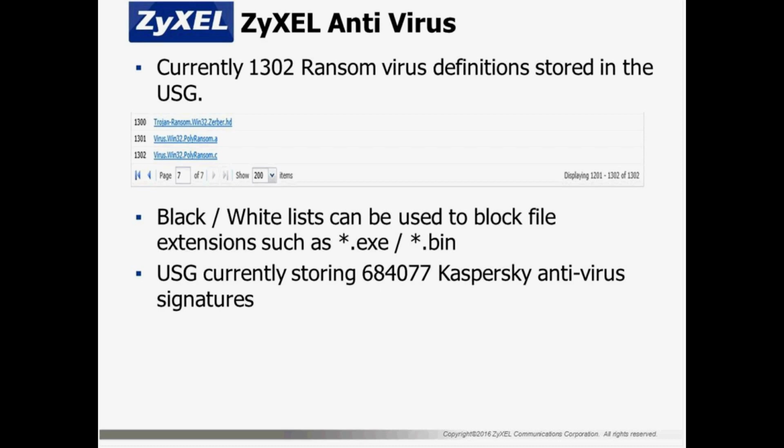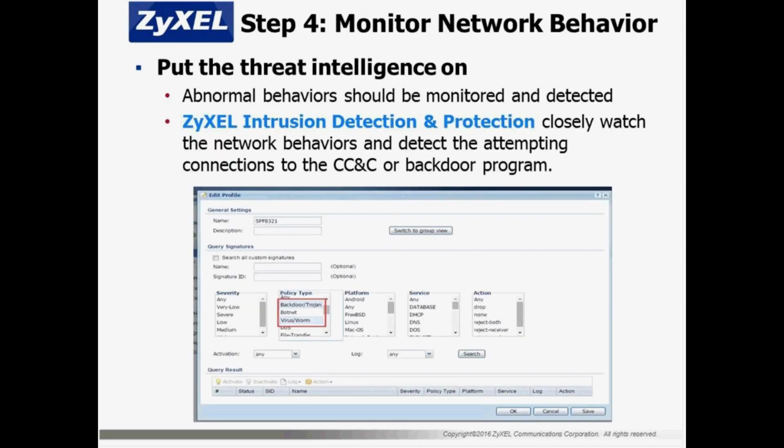Again, from how often you download the signature packs, at minimum it should be daily. You should be checking for the latest signatures. You could knock that down to hourly, etc., if you were being hit hard by viruses or being targeted. But again, we can change that within the configuration.